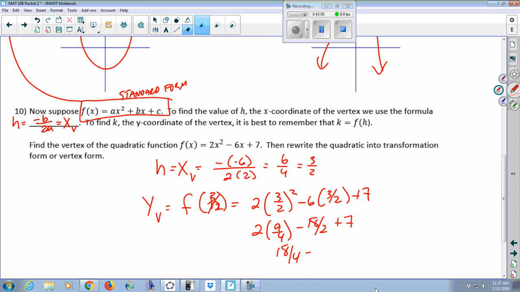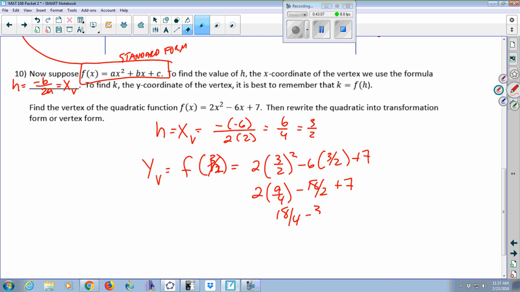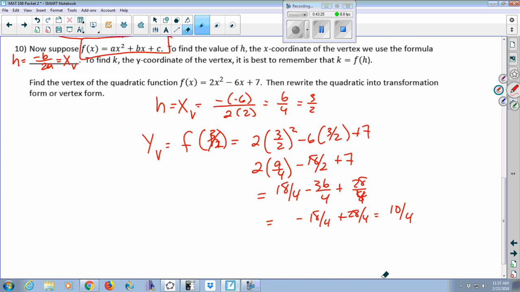Now I got to change that to fourths, so that's 36/4. And I change that to fourths, it's 28/4. So k is going to be 18/4 minus 36/4 plus 28/4. Yeah, fourths, which is what? 10/4? So your vertex is 3/2, comma, 10/4.